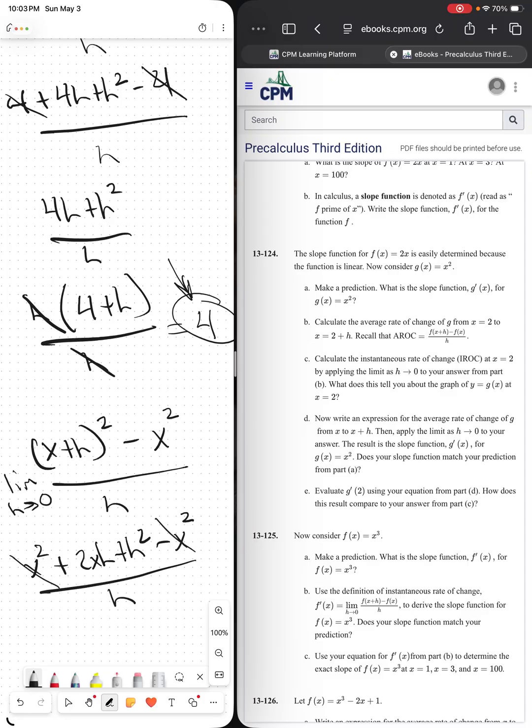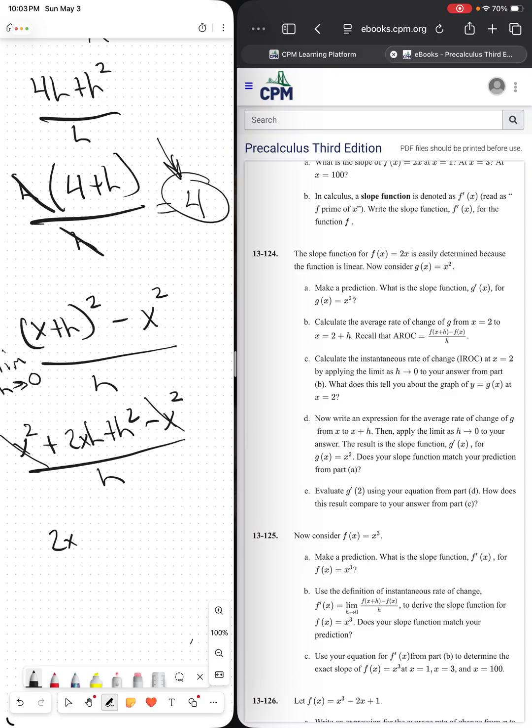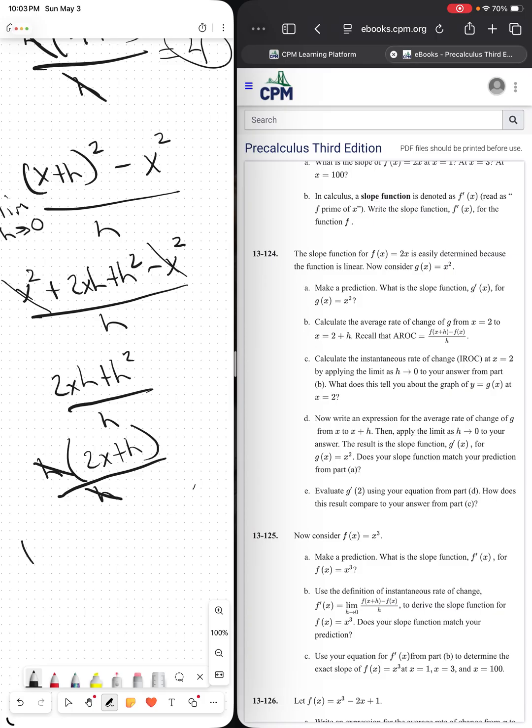The x squareds cancel. I have 2xh plus h squared all over h. I'm going to factor out an h, so I have 2x plus h over h. Those h's cancel. I will now have the limit as h approaches 0 of 2x plus h, which gives me 2x. 2x is my slope function, so g prime of x equals 2x.